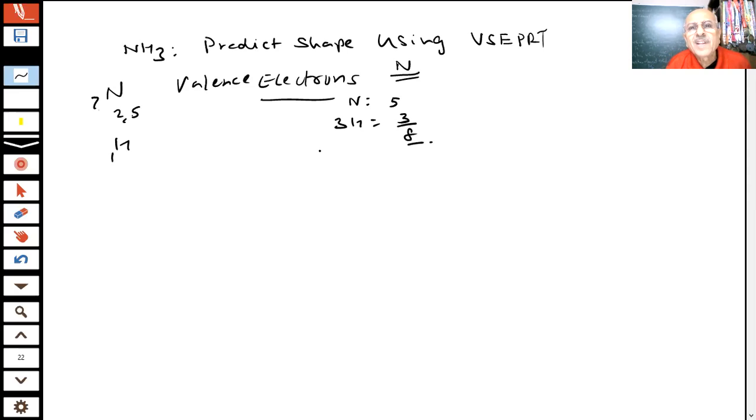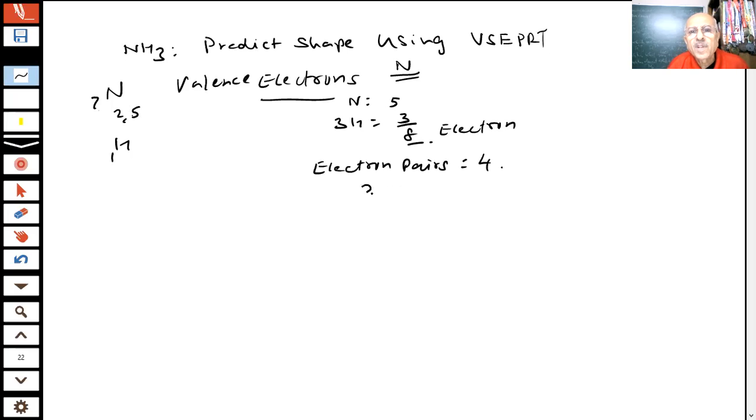So 8 electrons means how many electron pairs? 4. Electron pairs, how many, students? 4. But here, how many bonds are being formed, students? How many bonds is nitrogen forming? 3.